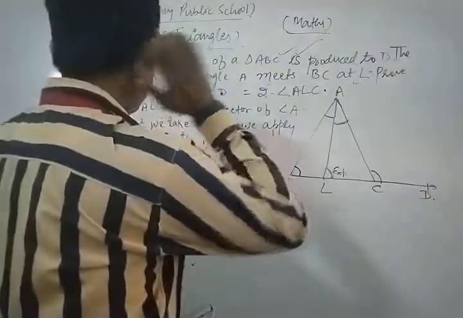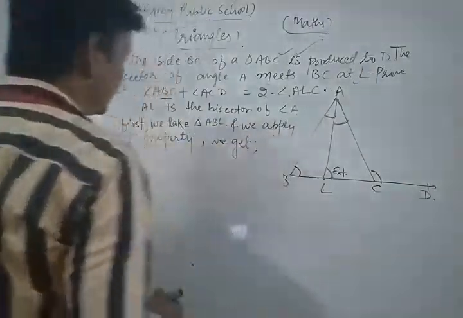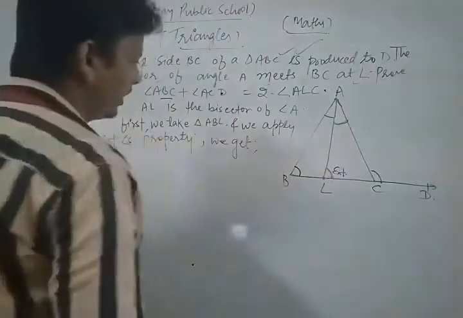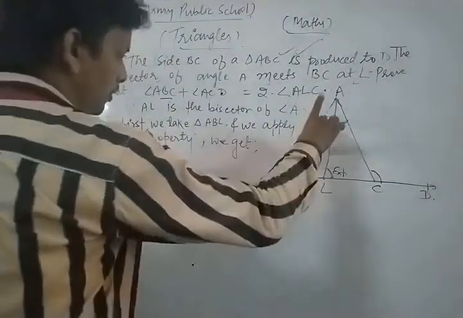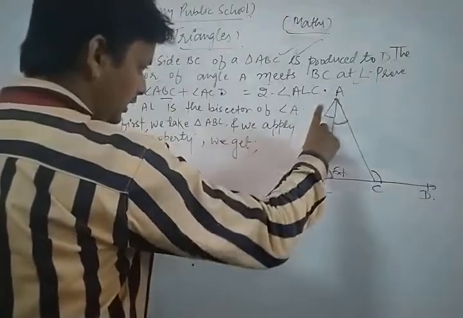So according to the exterior angle property, that exterior angle is equal to the sum of its two opposite interior angles.